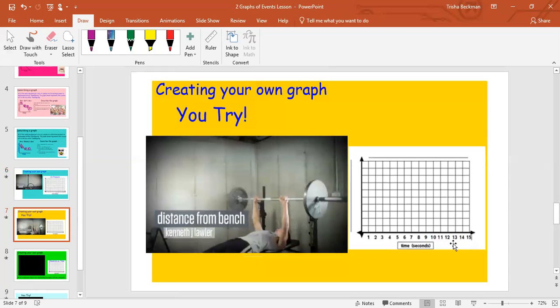Okay, this time again, seconds at the bottom, and the title and what goes on the left side here is the distance that this bar is from the bench. That's what you are looking for. How far off the bench is the bar?